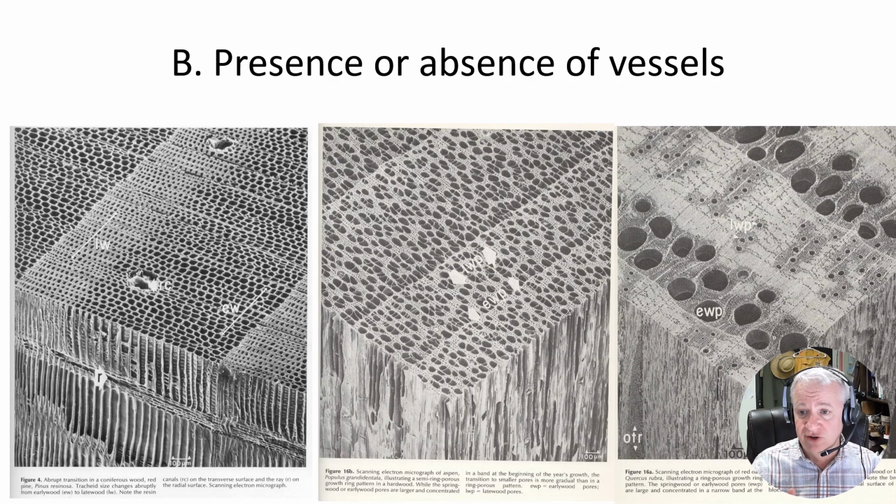And then you can usually use a 10x magnifying glass to look at that cross section. And in that cross section, you should be able to determine whether the wood has vessels or not.